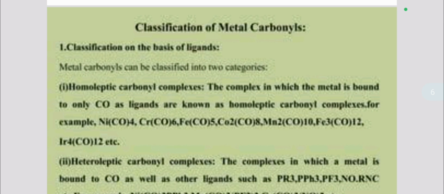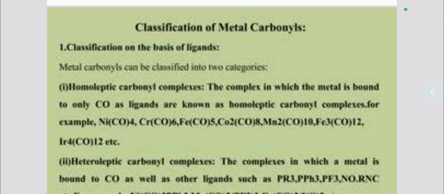Homoleptic carbonyl complexes are those in which the central metal atom is bound only to the same type of ligands, that's why we call it homoleptic. For example, Ni(CO)4. Here the central metal atom Ni has four CO ligands surrounding it. Another example is Cr(CO)6 and Fe(CO)5.